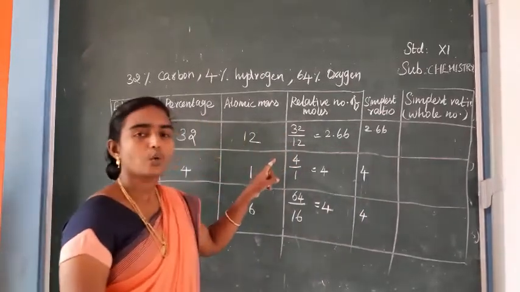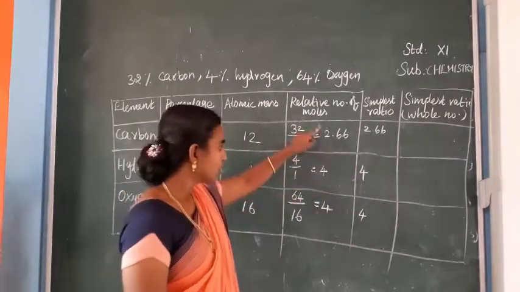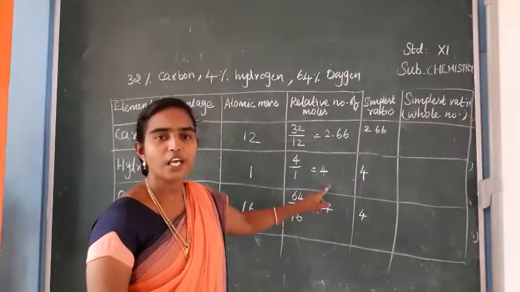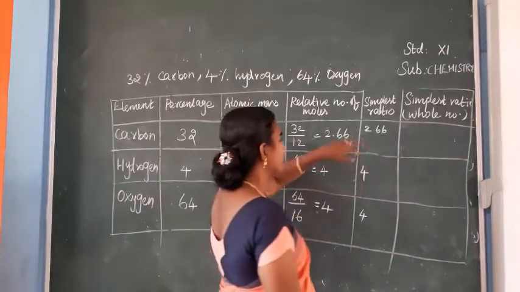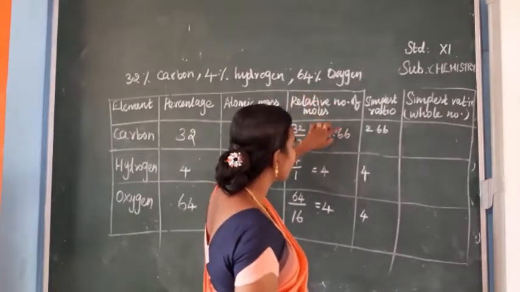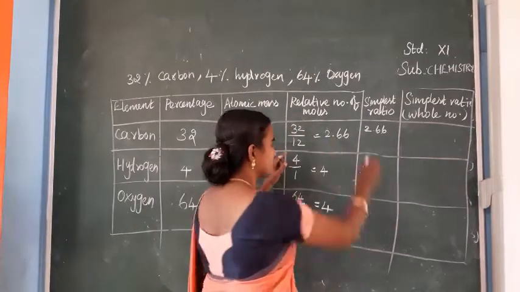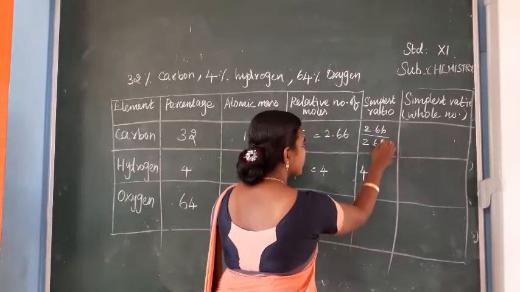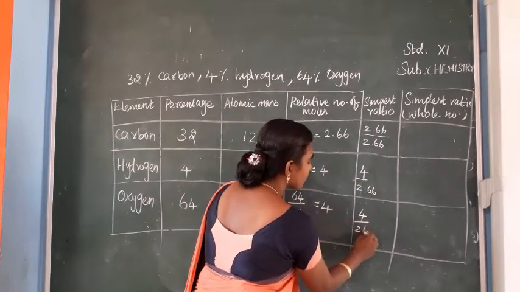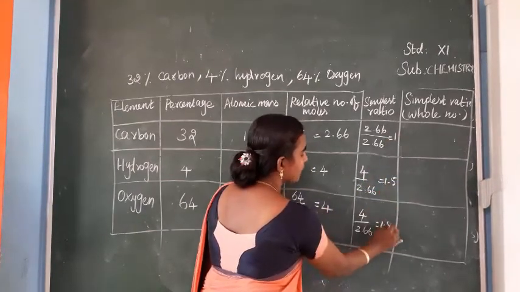Among these 3 values, the smallest one should be taken, and the relative number of moles should be divided by it. Among the relative number of moles, the smallest one is 2.66. So divided by 2.66, here also divided by 2.66, here also divided by 2.66. After dividing, here 1, here we will get 1.5 and here 1.5.